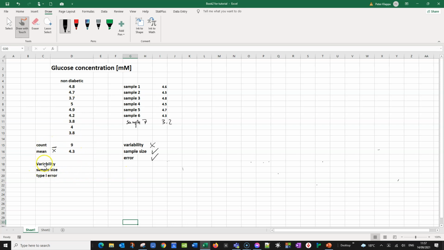So what do we need? We need the variability, and we said it's the variability of the population. So we need to estimate the variability of the population. And we do that with the standard deviation of the population. So when I talk about variability, this is the standard deviation of the population, and we need to estimate that.